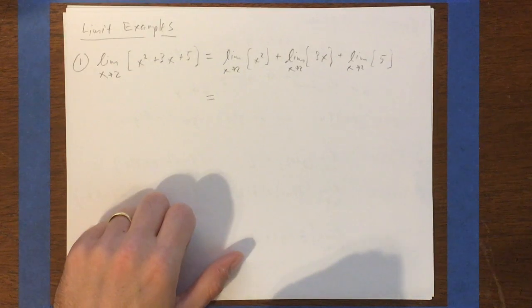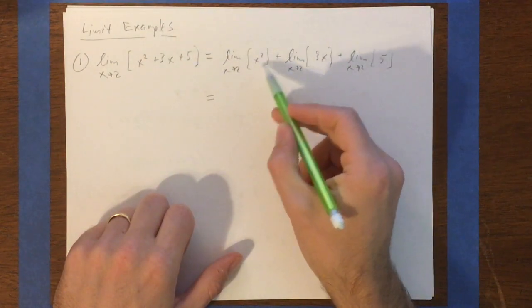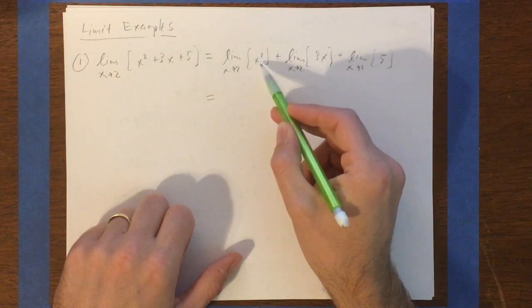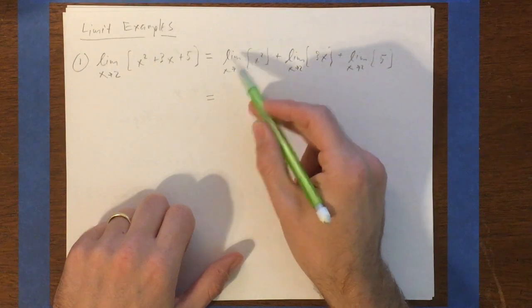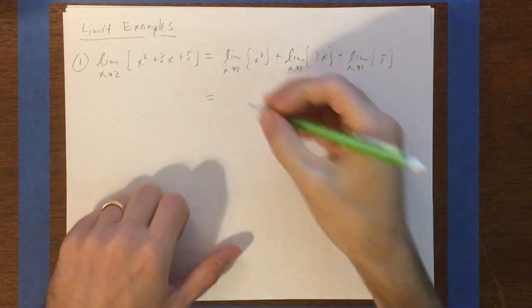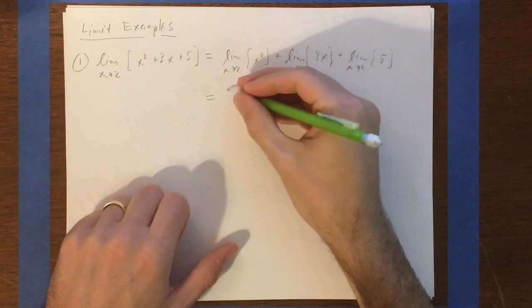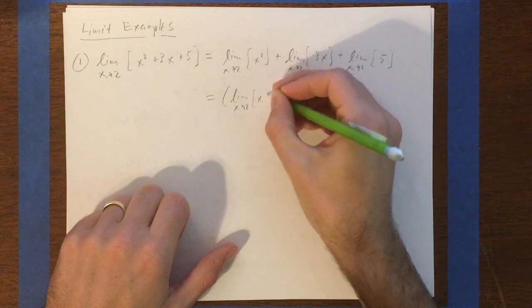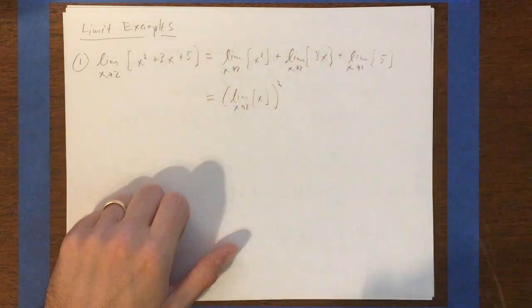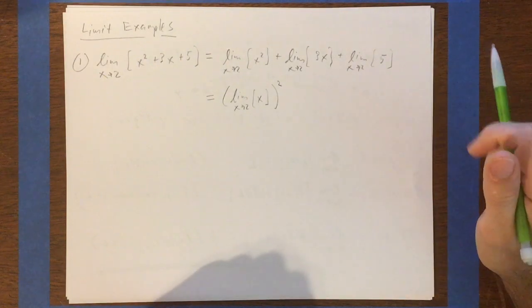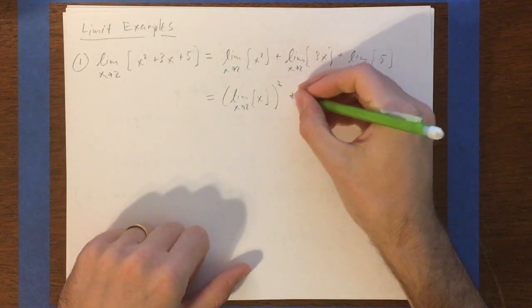Then we know that if we have a limit of a power function, like here, then we can take that limit and stick it inside the power function. So this is going to become the limit of just x, and then square that, right? So that's taking the limit and sticking it inside the squaring function there. All right, that was one of our properties.